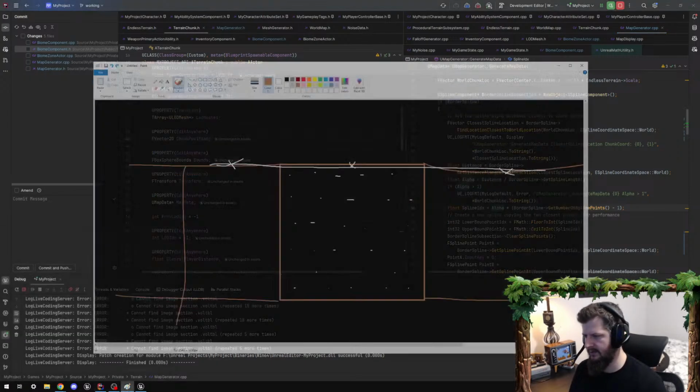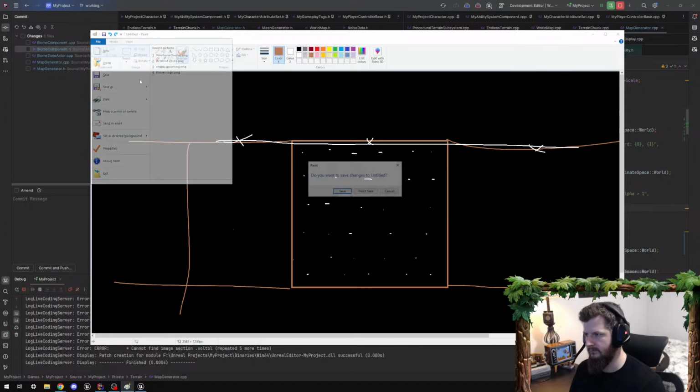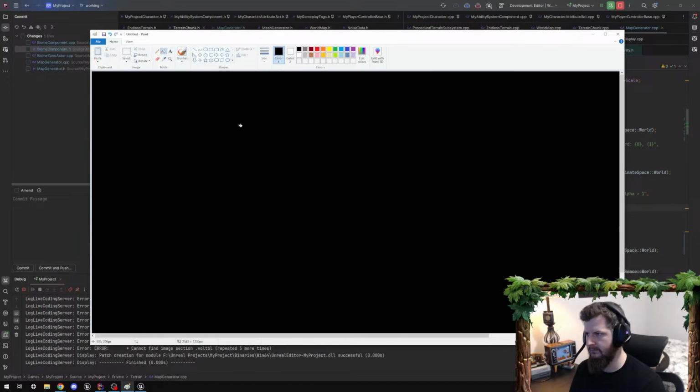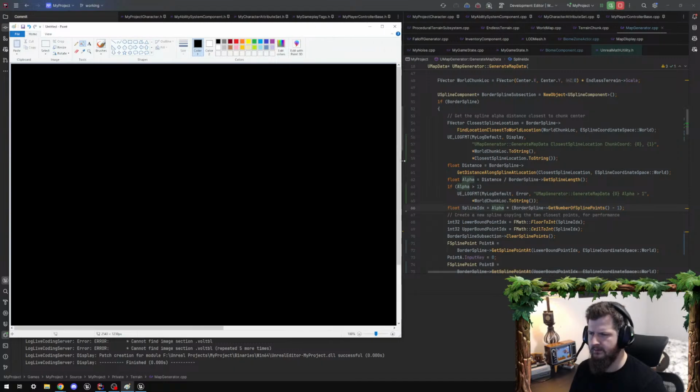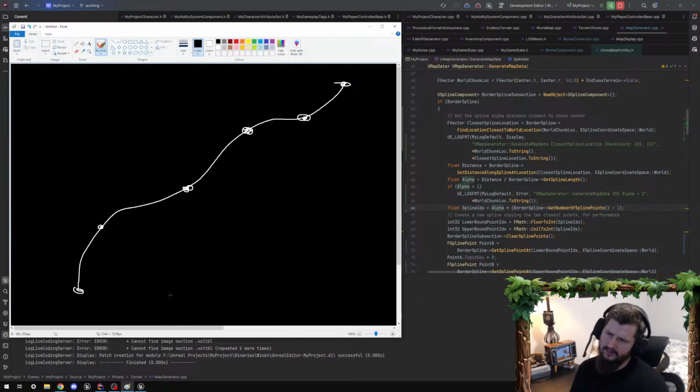Okay, MS Paint time. Okay, so let me shrink that a little bit so I can see that side. Okay, so I have spline points, yes. Okay, so 0, 1, 2, 3, 4, 5.